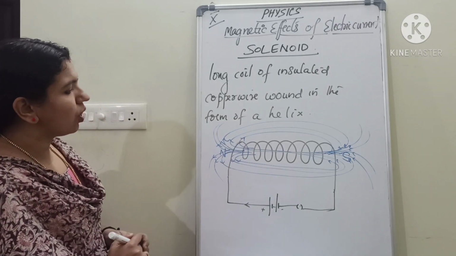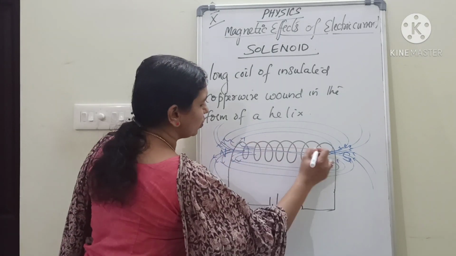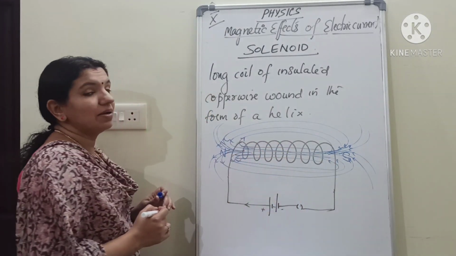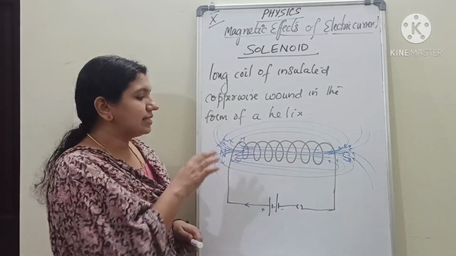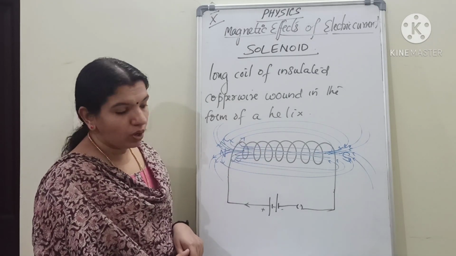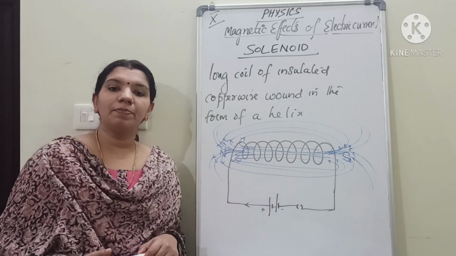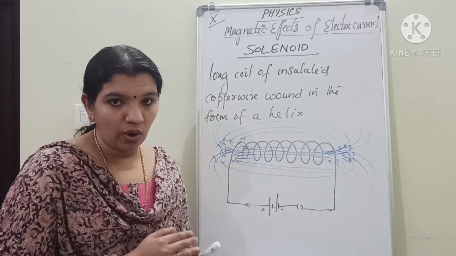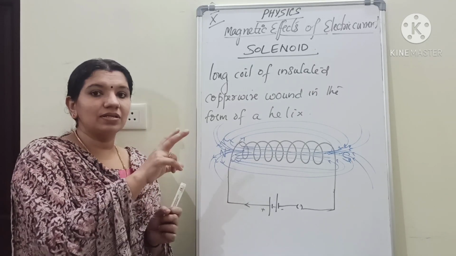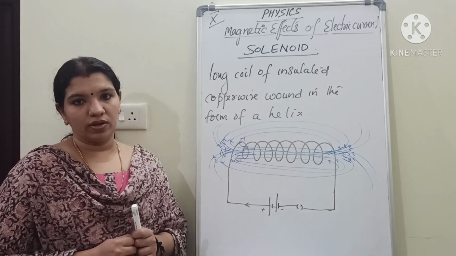Inside the solenoid, the magnetic field is uniform, which can be indicated by parallel lines. We can identify the South and North poles of the solenoid by placing a bar magnet near it.